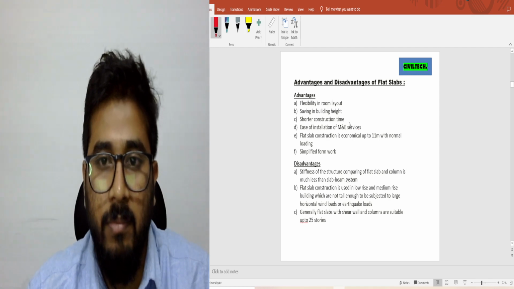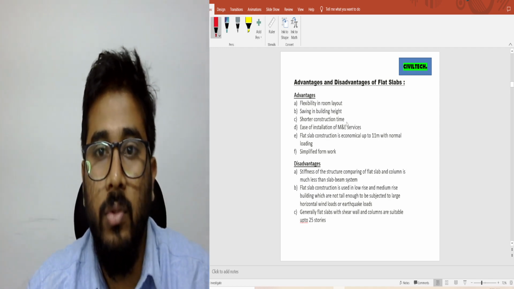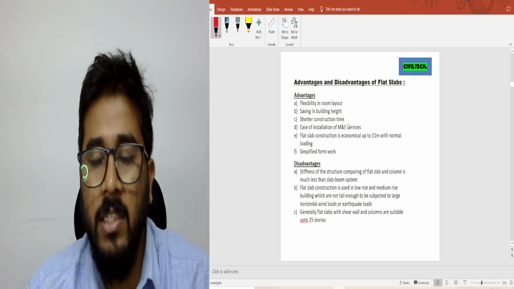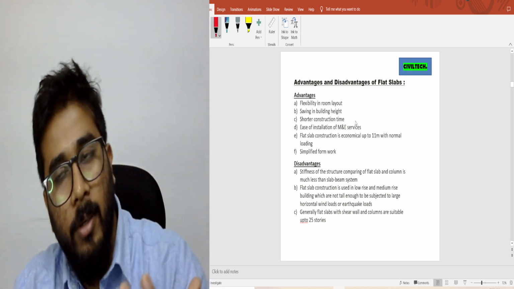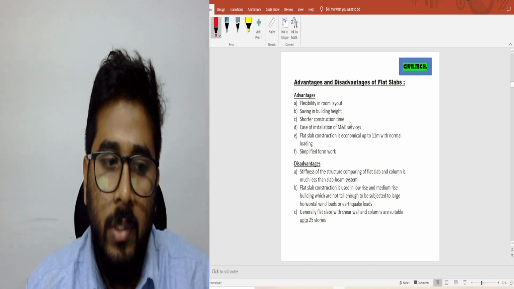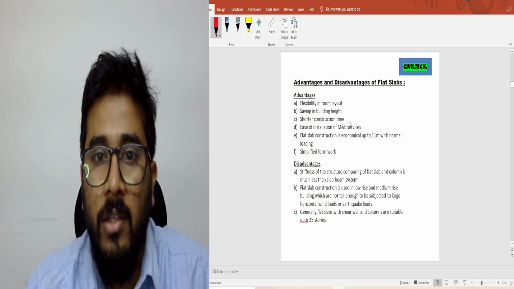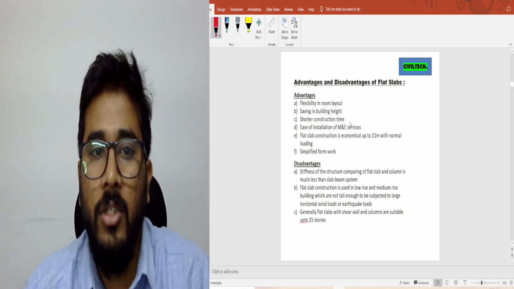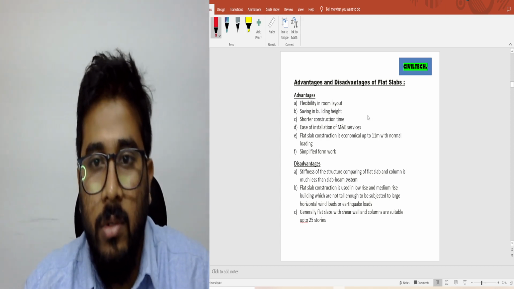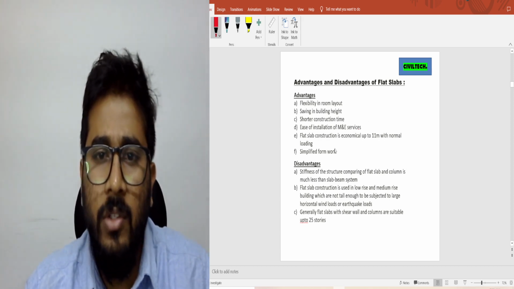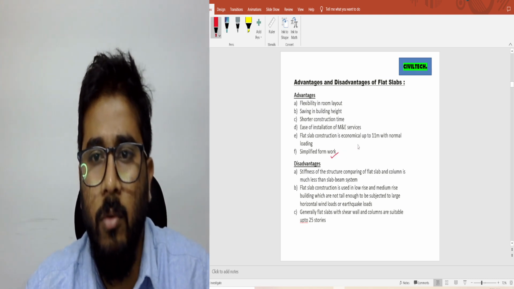It is helpful. A flat slab is easy to construct because there is no need for shuttering for beams. After column construction, you just shutter for the slab, and at a time you construct. So it is easy to construct, and that's why it simplifies the formwork.